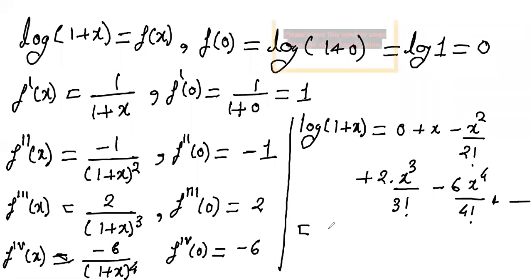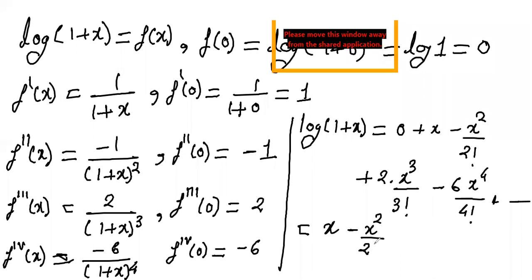So in simplification we can write x minus x square upon 2 factorial, which is 2 into 1, so I can write 2 only, plus 2 into x cube upon 3 into 2 into 1.